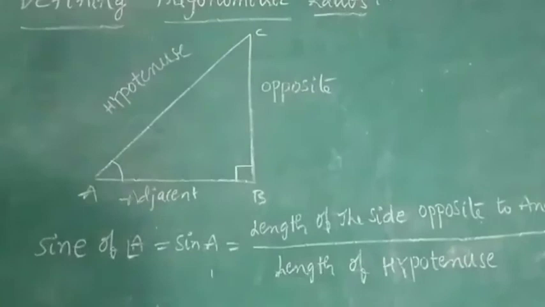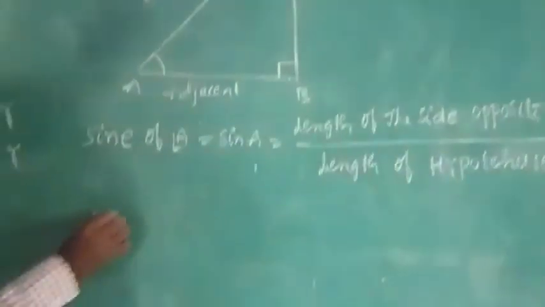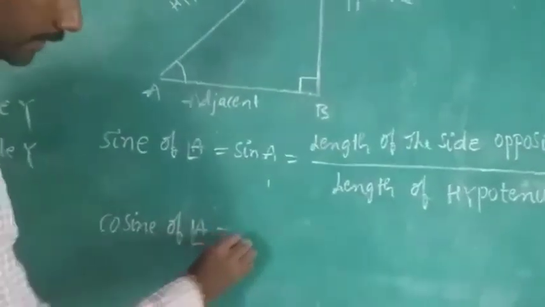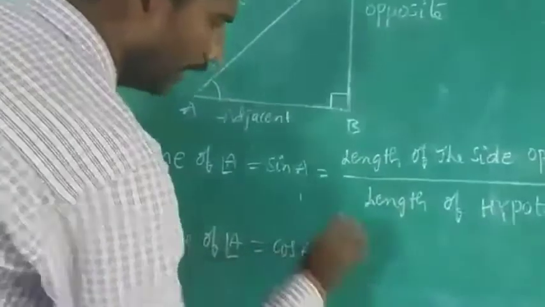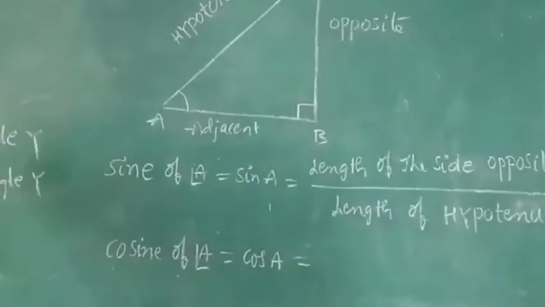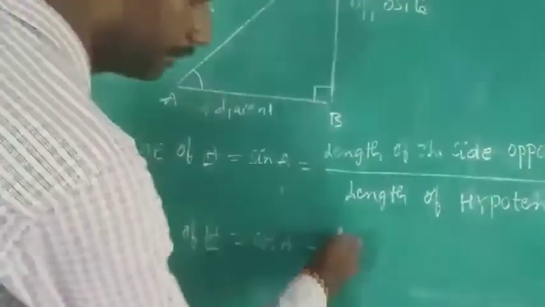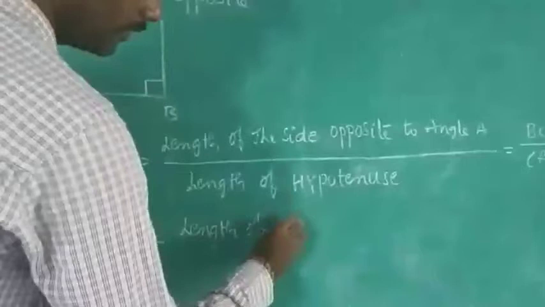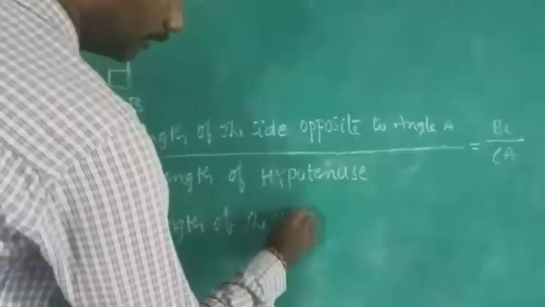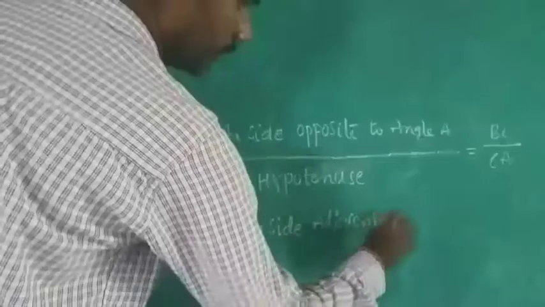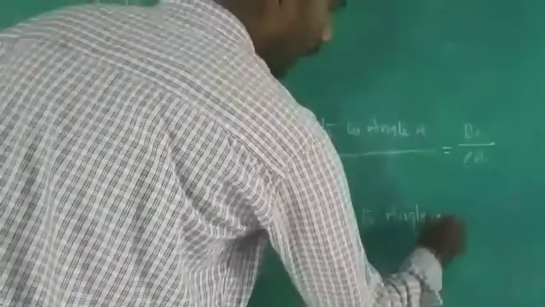Next one, cosine of angle A is cos A. Cos means the length of the side adjacent to angle A, by the length of the hypotenuse.